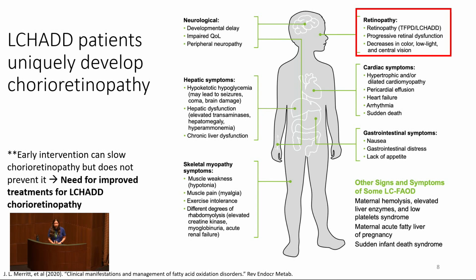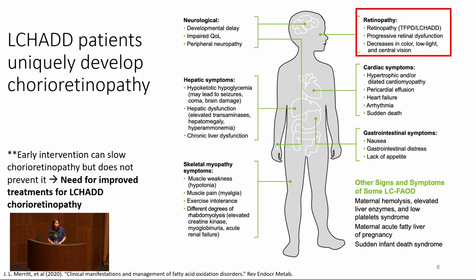So patients develop a variety of symptoms. Some of them are common among all fatty acid oxidation disorders, including cardiomyopathy, rhabdomyolysis, and metabolic crises. But what makes LCHADD unique is that patients develop very specific symptoms seen only in LCHADD patients. One is peripheral neuropathy, and the other is chorioretinopathy, where patients lose their vision at a pretty young age.